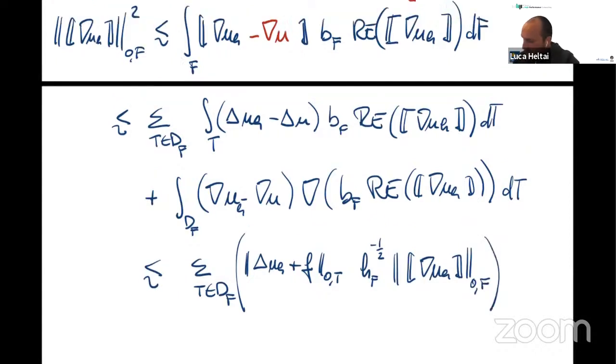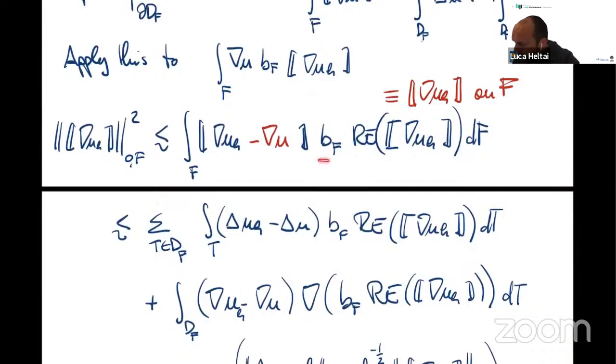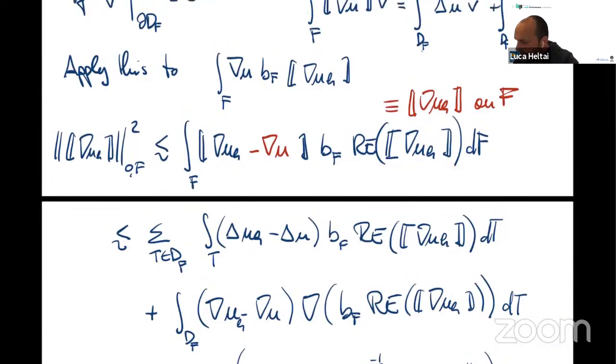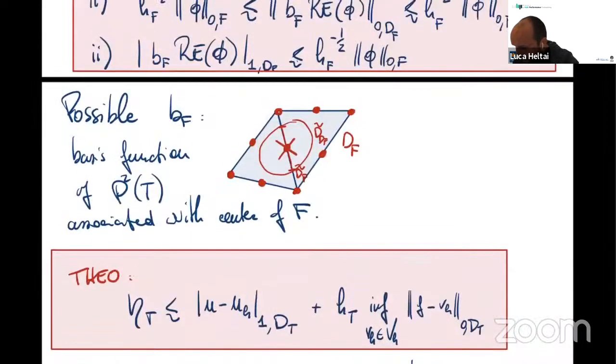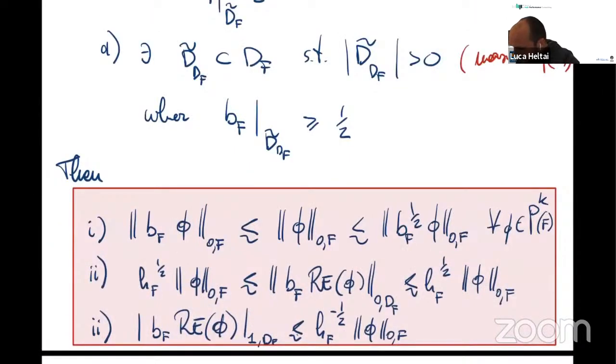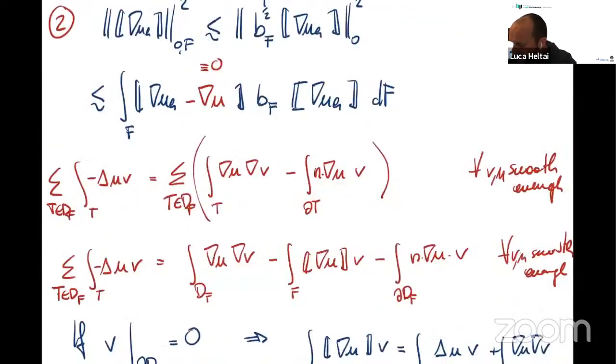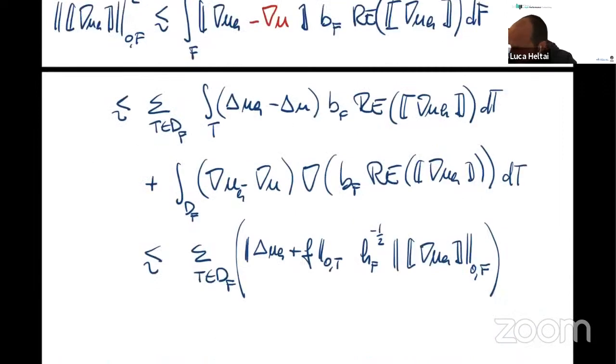So the first part, I'm applying the Schwarz inequality, taking the L2 norm of this on T, and the L2 norm on T should come out from this term over here. Oh, sorry, I think I put the wrong powers. So the L2 norm of this on df is controlled by the h1/2 norm of phi, 0f. Sorry, not h minus 1/2. This is not the inverse inequality. This is the direct inequality.